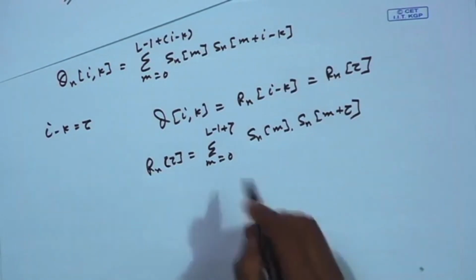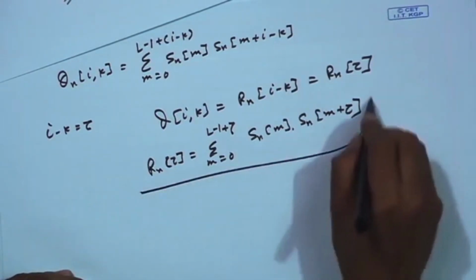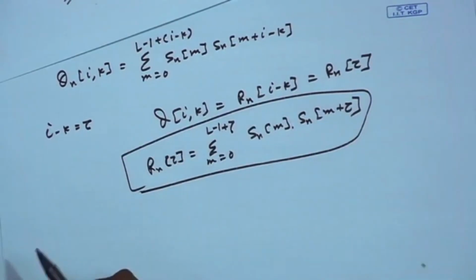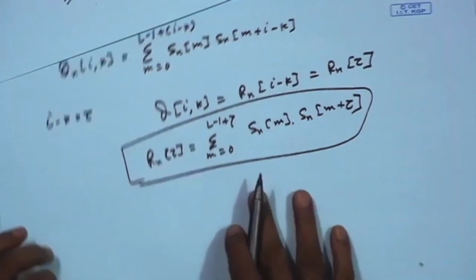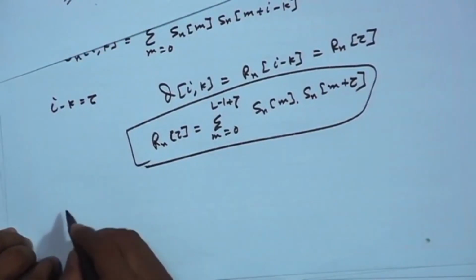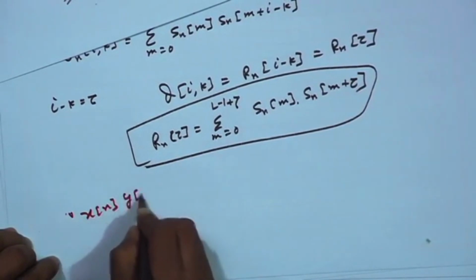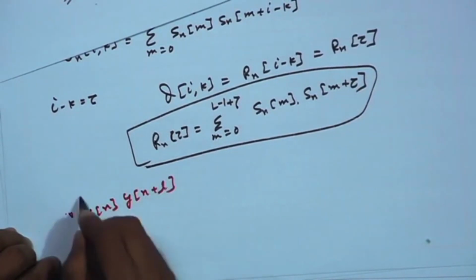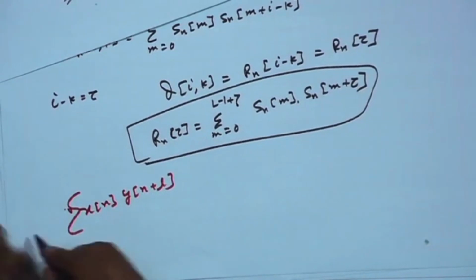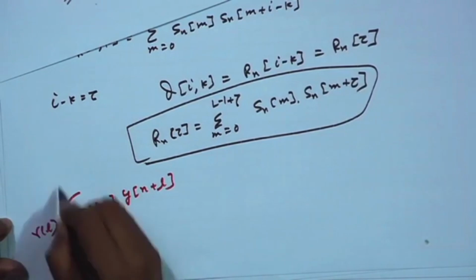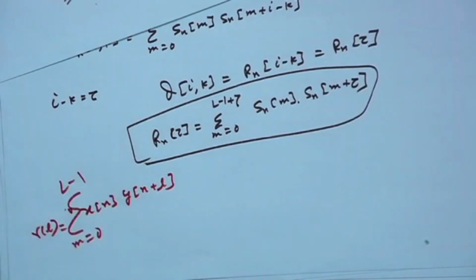Okay. So, if it is that, what is this? What is the correlation between the two signals? If it is x(n) and y(n + L), R(L) is equal to the sum from m equal to 0 to L minus 1.